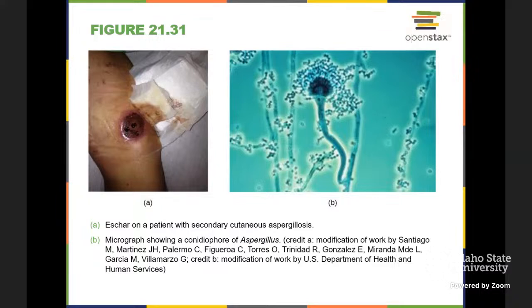So there are also opportunities to see this without the pulmonary infection. And in that instance, we wouldn't call it secondary. It would just be cutaneous aspergillosis. A direct inoculation of the fungi into a wound could result in this.